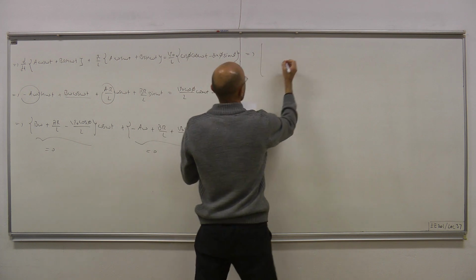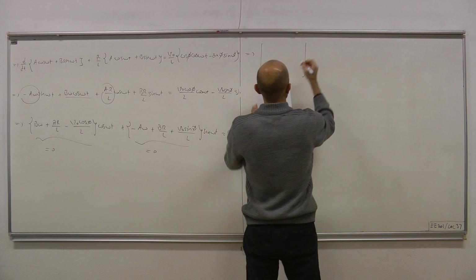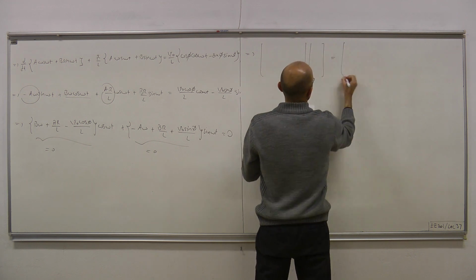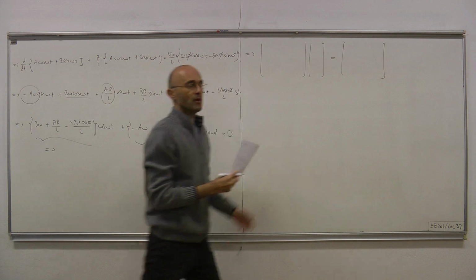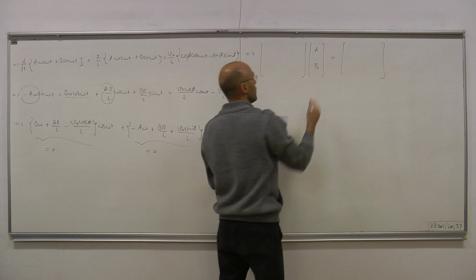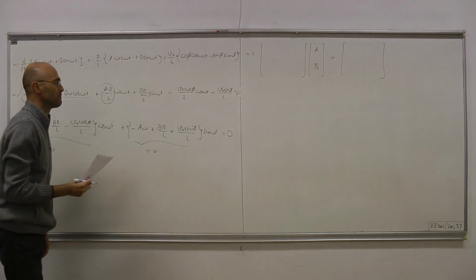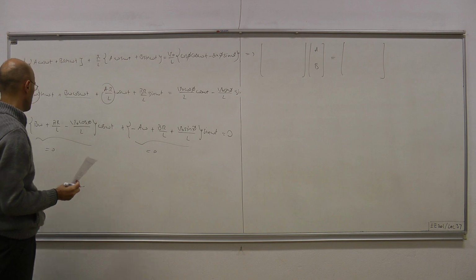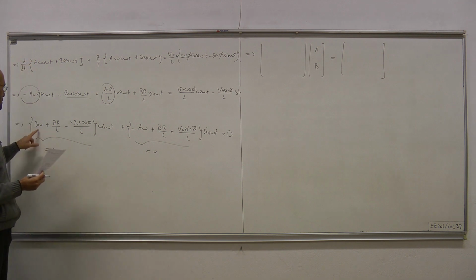So let's write down those equations in a nice form. Equals that. Now this is the vector of our unknowns, A and B. For the first row, let's get the first equation, which is here.